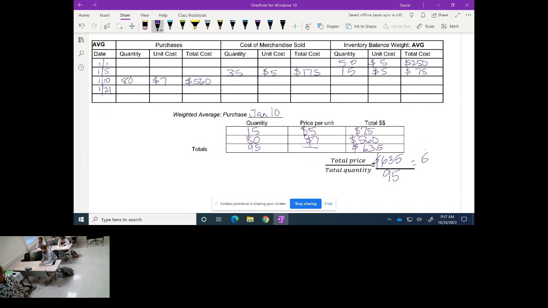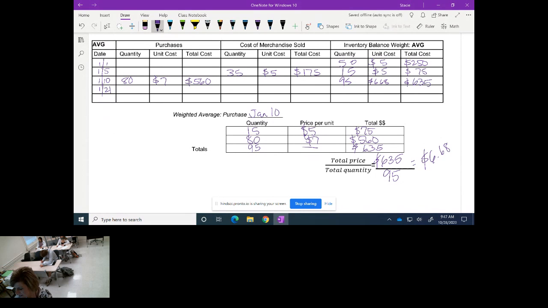So our new cost per unit is how much? 6.68, roughly. Yeah, so we'll say 6.7. We can use 6.68, it doesn't matter. All right, so now we have 95 units at 6.68, so our total inventory is 635.